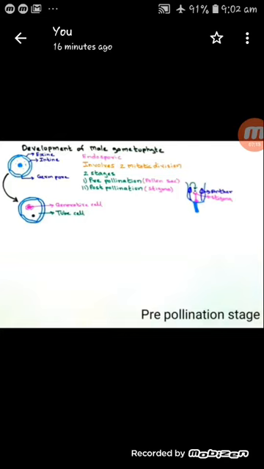The generative cell lacks a definite cell wall and is freely suspended in the cytoplasm of the vegetative cell. Now this generative cell divides by mitosis to form two male gametes, and therefore three-celled pollen grains are released from the anther.